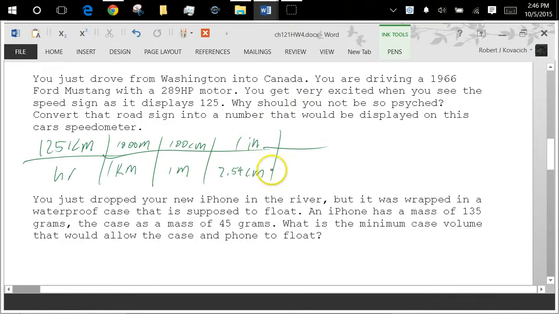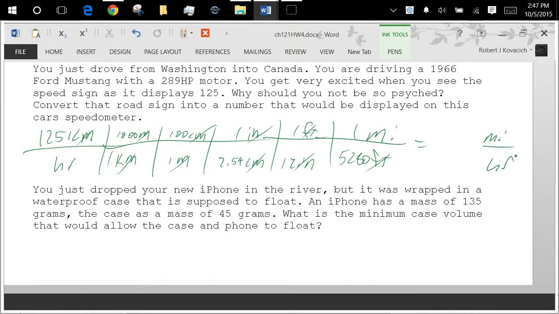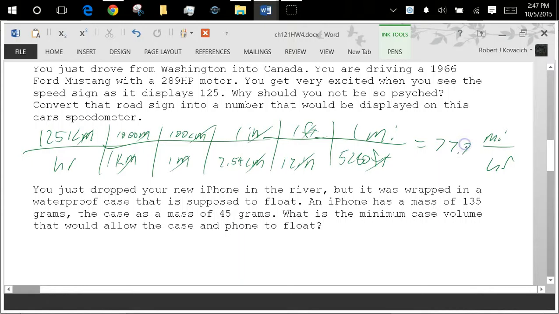And then 12 inches is a foot, and then 5,280 feet is 1 mile, and the feet, inches, centimeters, meters, and kilometers all cancel out, so I get miles per hour. 125 times all of that equals, I got 77.7 miles per hour.